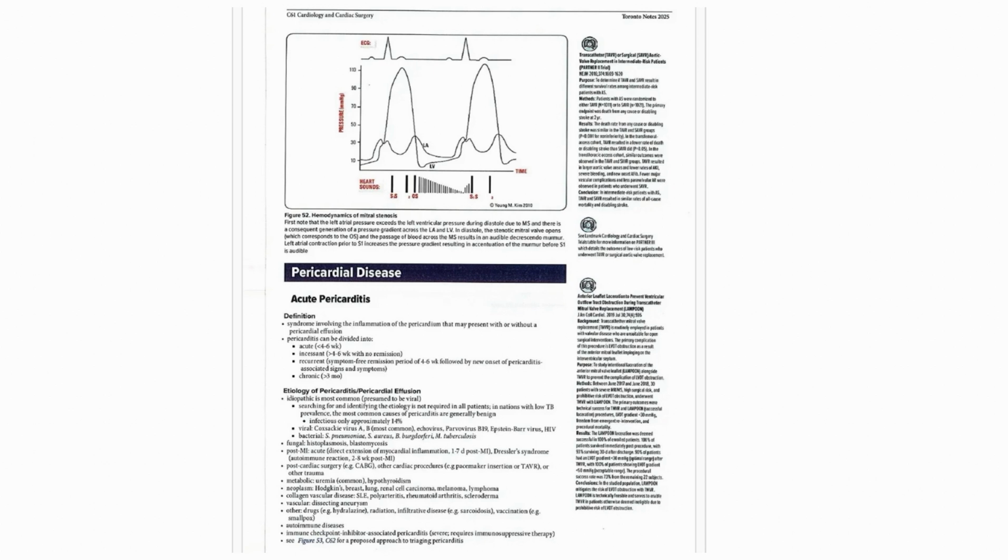Viral causes. The most common viral pathogen is coxsackievirus A and B. Other viral causes include echovirus, parvovirus B19, Epstein-Barr virus, and HIV. Bacterial causes, although less common, but bacterial pericarditis is more severe.